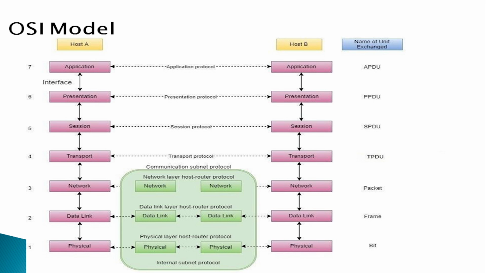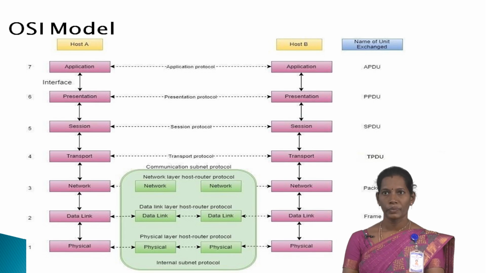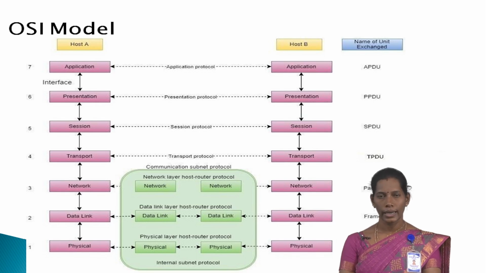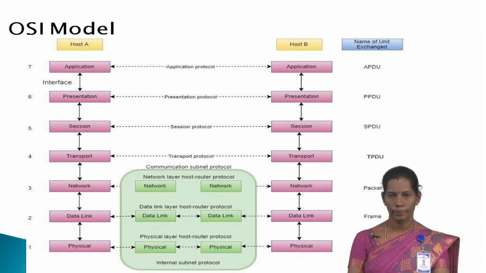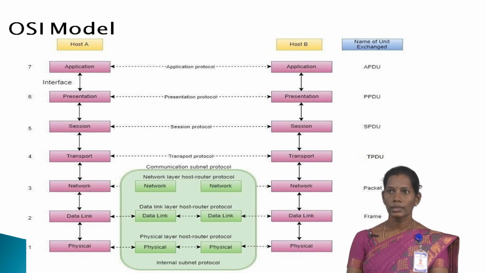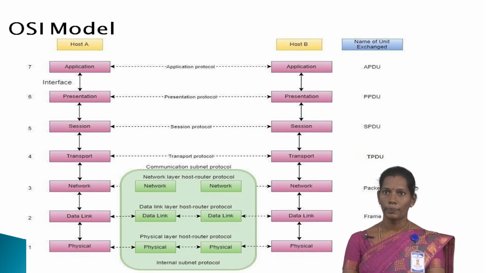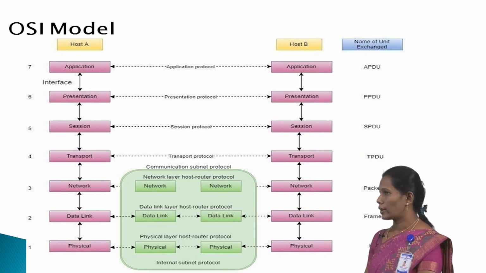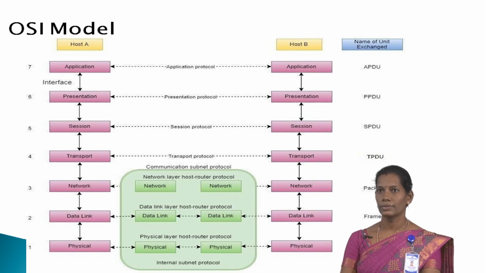The OSI model divides the whole task into 7 smaller and manageable tasks. Each layer is assigned a particular task. Each layer is self-contained, so the tasks assigned to each layer can be performed independently. These are the OSI model layers, 7 layers.